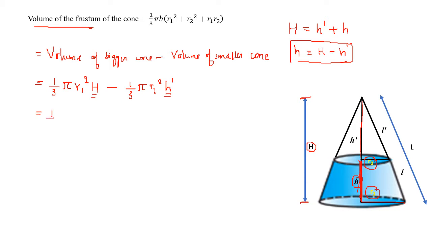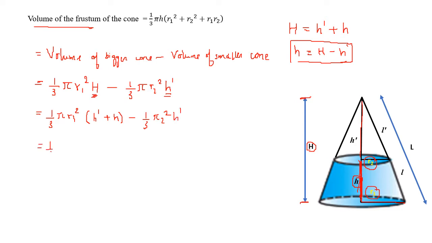I'll write here 1 by 3 pi r1 square. Okay, instead of this h I will write h prime plus h, minus 1 by 3 pi r2 square h prime.